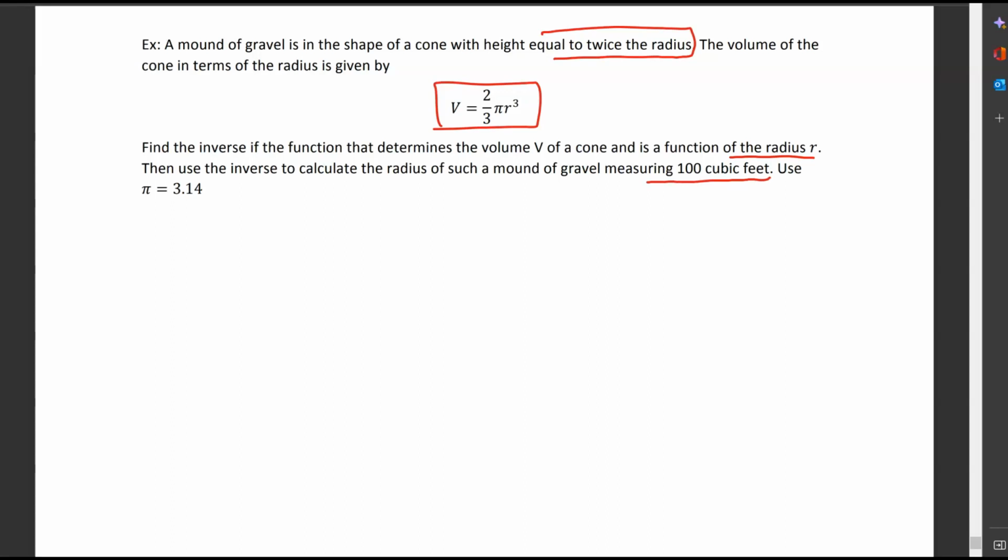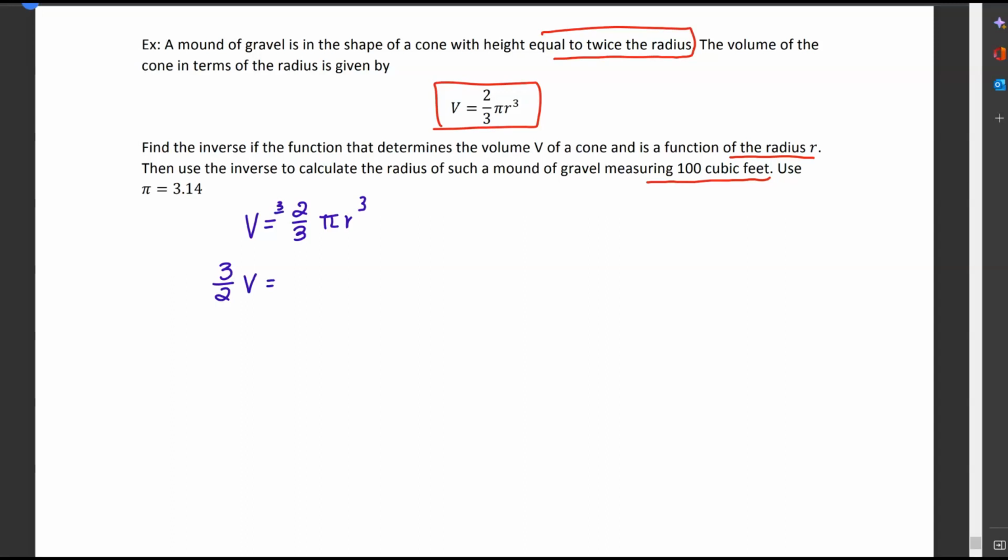All right, let's go ahead and find the inverse. So we have v equal to 2/3 pi r cubed, right? The way we're going to find the inverse is we're really going to solve for r. The first thing we're going to get rid of is the 2/3, so let's multiply by the reciprocal, 3 over 2.